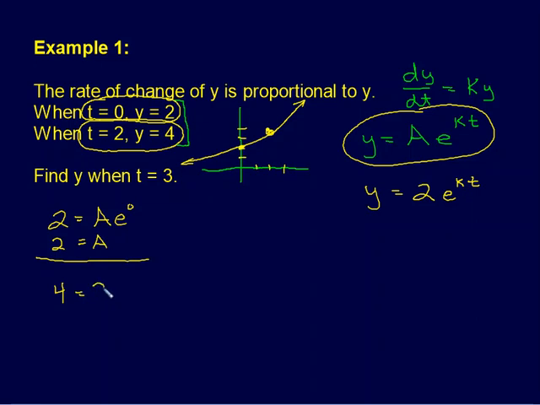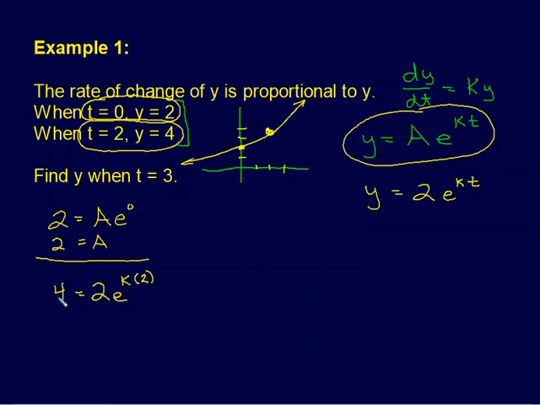We already know the A is 2, and this time the time is 2 also, but I don't know the K. So I filled in y equals a e to the kt, and we know the capital A is 2, and in the second ordered pair, the time is 2 and the y is 4. So the part we need to do is solve for the k.